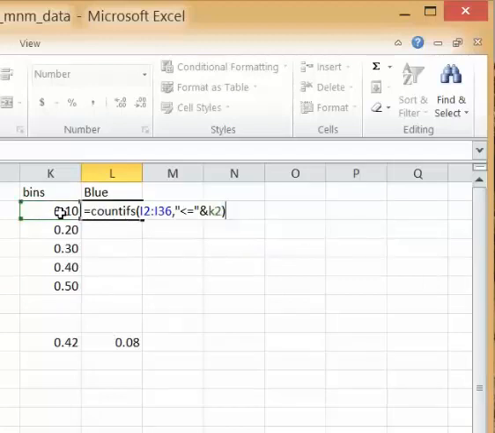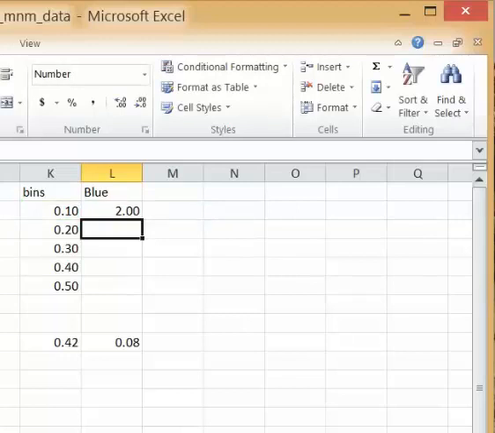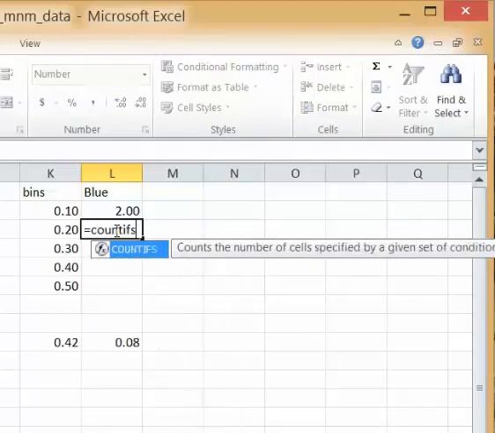So what that tells us is that the range that we're looking at is I2 through I36, and we're going to count if the value is less than or equal to K2. And there are 2 of them. So far, so good.